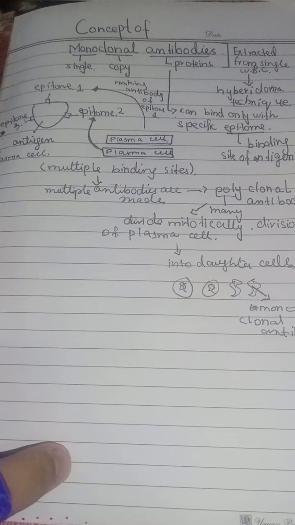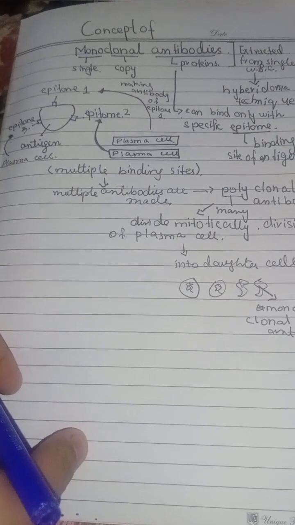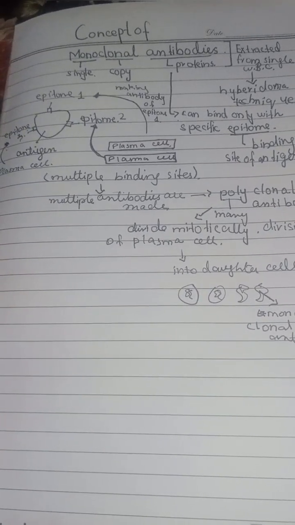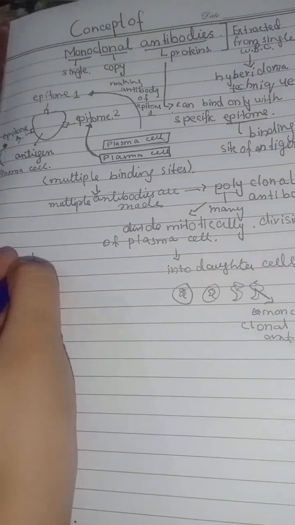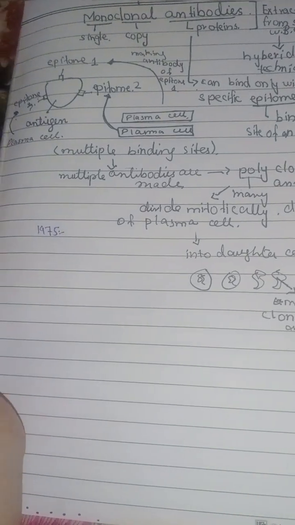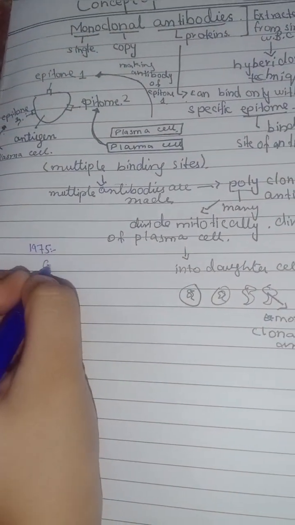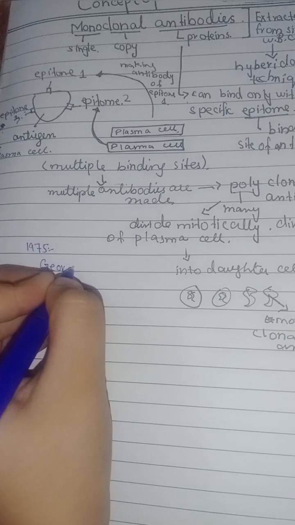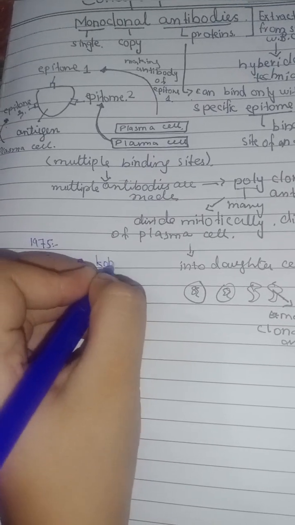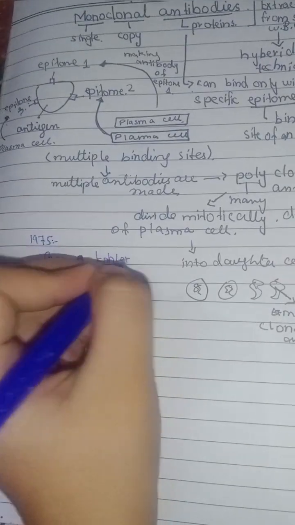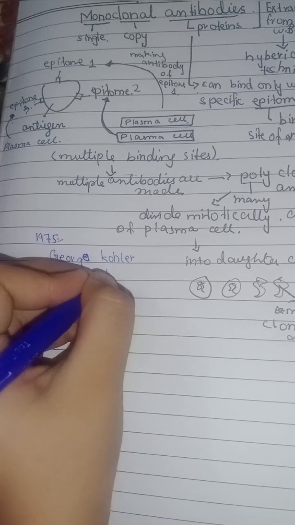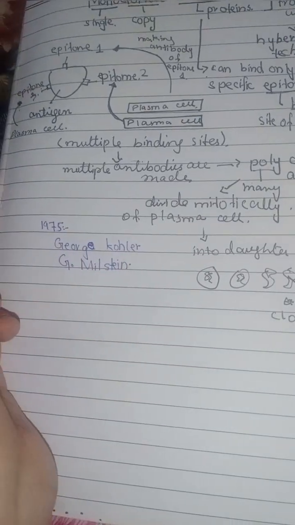One more thing: the concept of monoclonal antibodies was given by two scientists in 1975. The names of those scientists are George Kohler and Milstein.